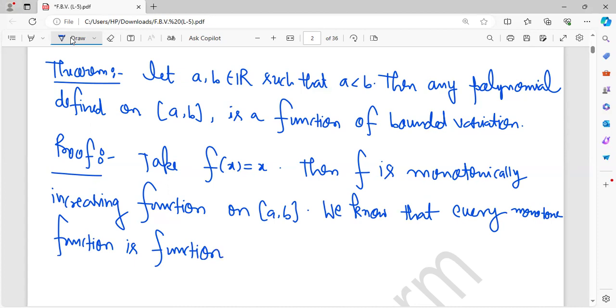We have already proved this result. So f is a function of bounded variation.